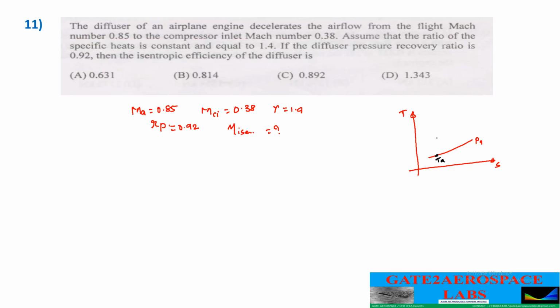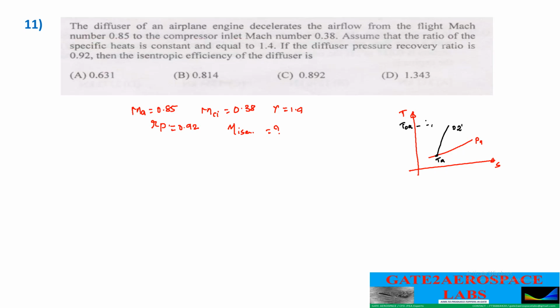Now this we can take as the total temperature at A. Now see the system. This will be something like this. This is the final state, the entry to the compressor.